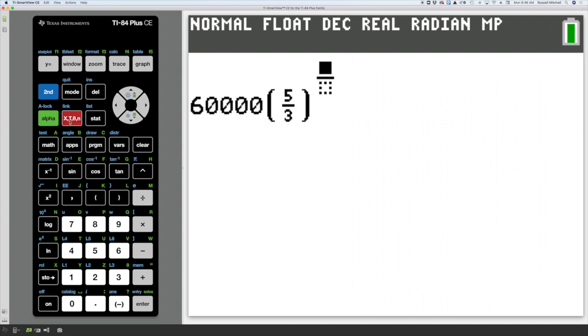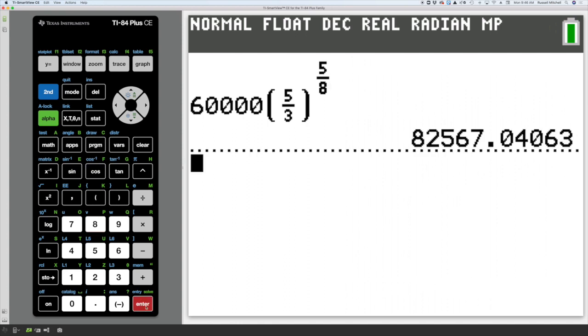So we can do another fraction bar. You could also do 5 divided by 8 up in the exponent. So 5 over 8, and we can press enter. We get 82,567.041, rounding. That means 82,567 people would be waiting for an organ transplant in 2004.